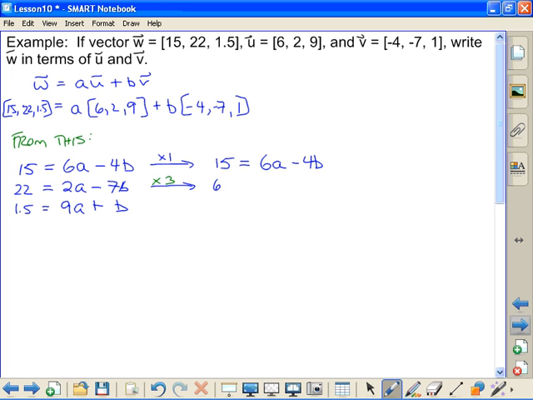So that means I have 66 equals 6a minus 21b. Doing our subtraction here, we would end up with 0a, and so that's going to be adding, and we're going to take that away. So we'd end up with 17b.